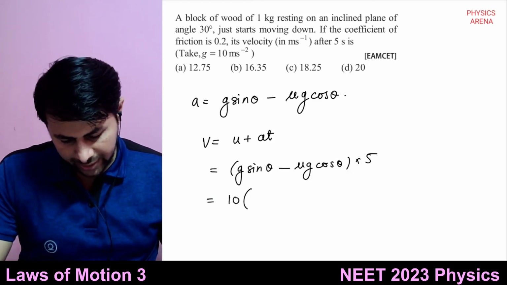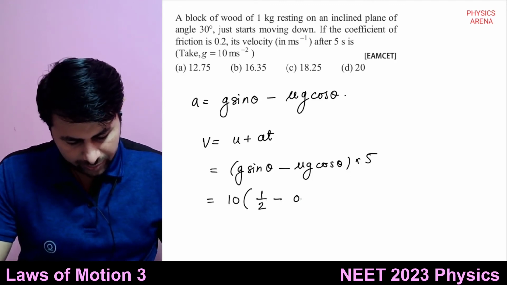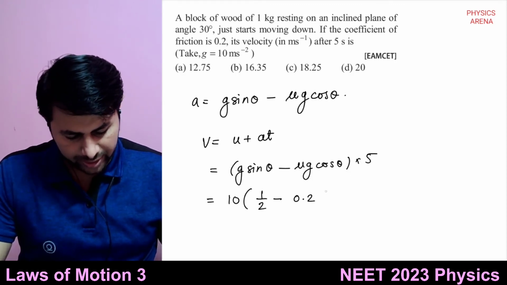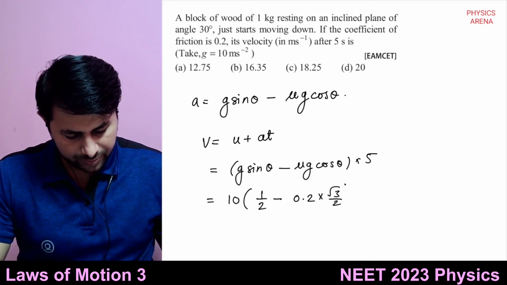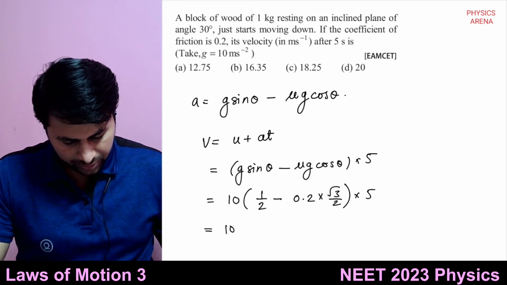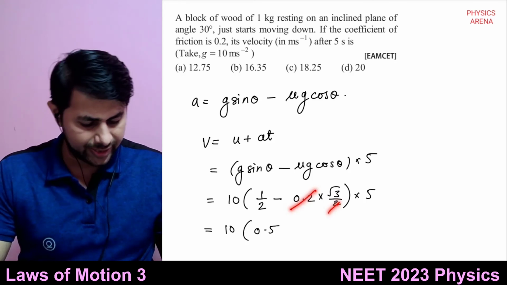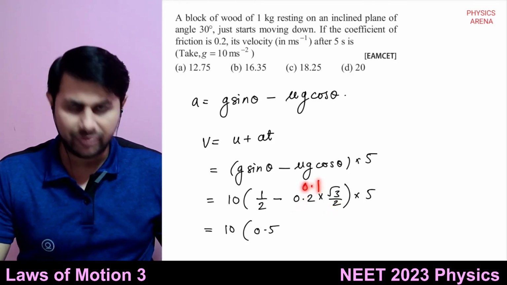It is sine theta, which is sine of 30, half, minus mu is 0.2 multiplied by cos of 30, root 3 upon 2, multiplied by 5. So it is 0.5, 10 multiplied by this 0.5. So 0.2 and 2 get cancelled, I mean 0.1 will be there.